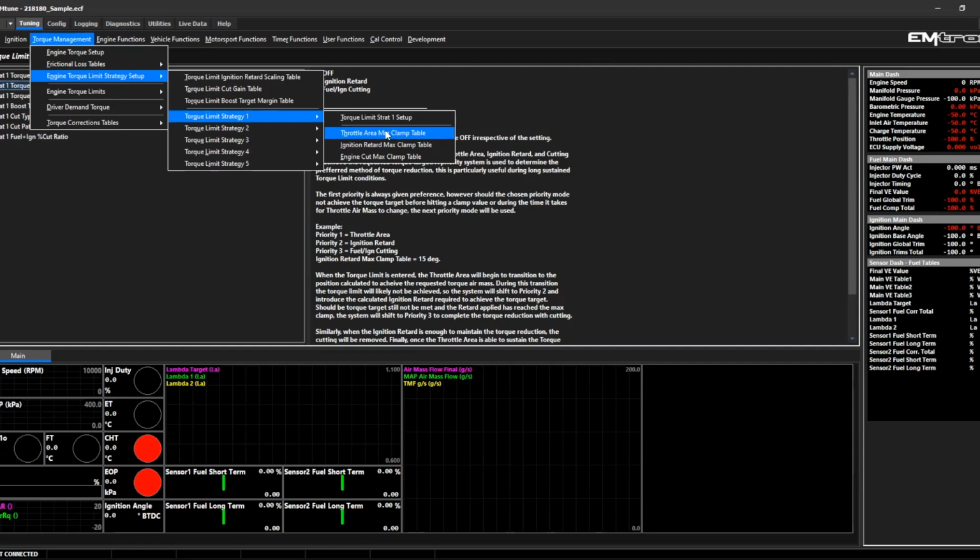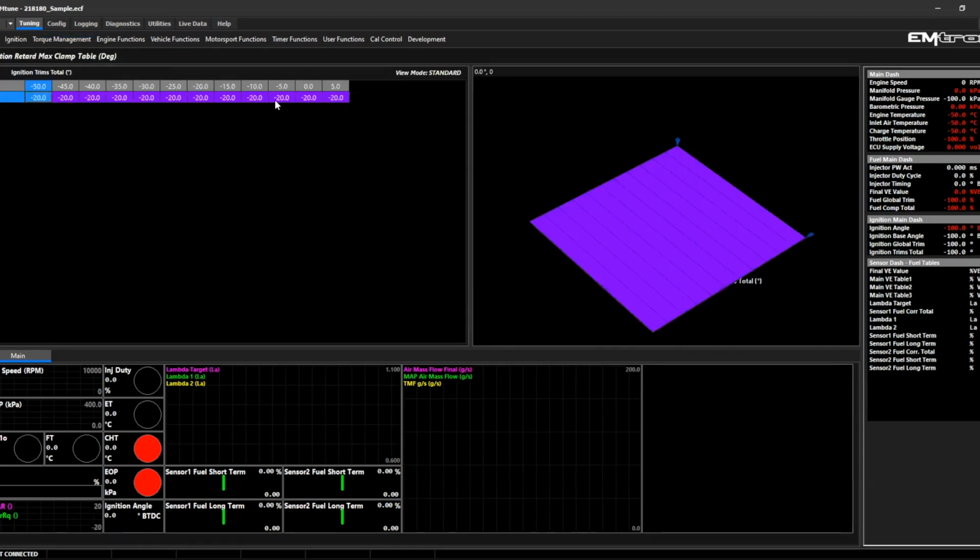Knowing that throttle is a bit slow, if you had a throttle only system with this priority based, but you still have retard as a second priority, then as the throttle's closing, even though you've asked it to do throttle only, it will instantly use the retard for a small period of time whilst the throttle is closing, to take up the slack of the torque reduction until the throttle achieves its desired position.